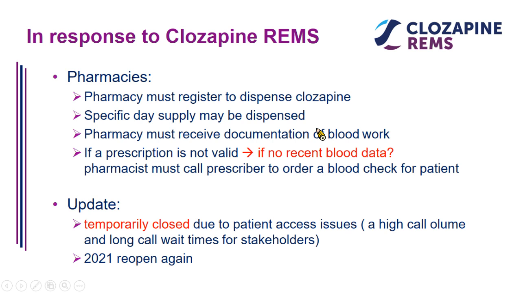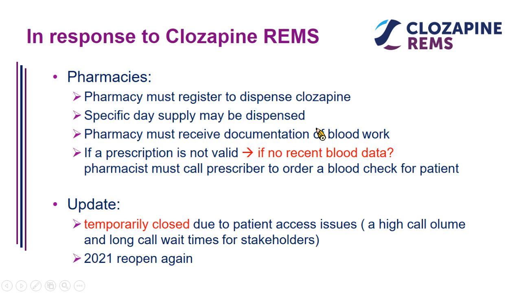So what should the pharmacists do in response to the clozapine REMS? Here are some points that you don't want to miss. First, the pharmacy needs to register to be eligible to dispense clozapine. Second, only specific days supplied may be dispensed. And the pharmacy must receive documentation of blood work.